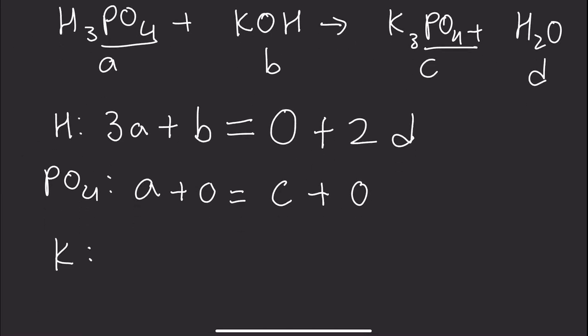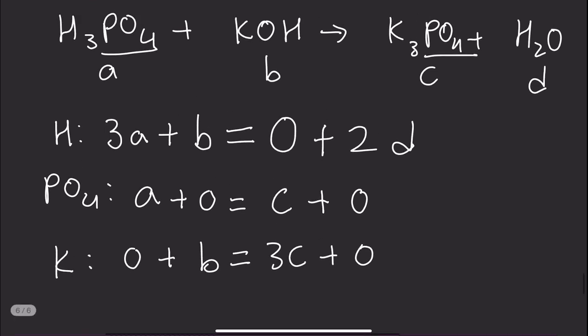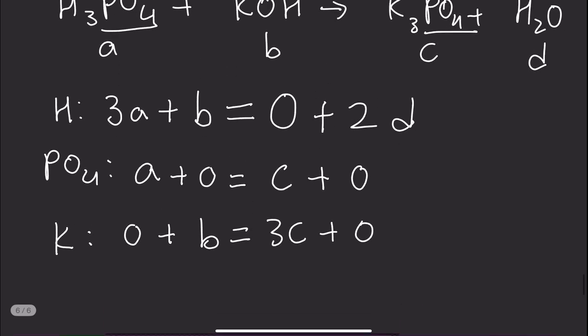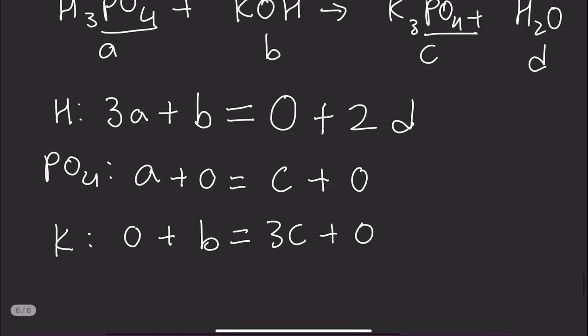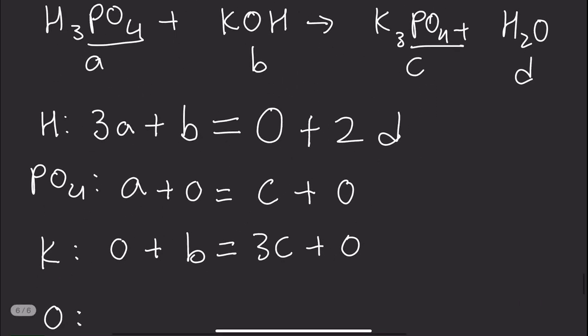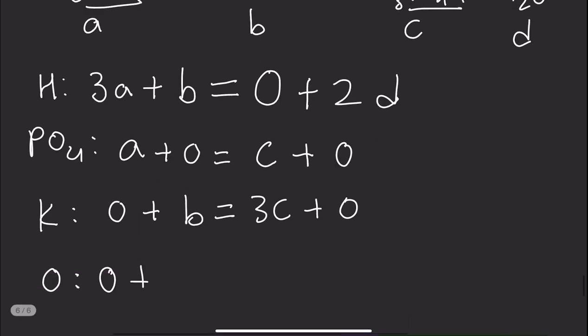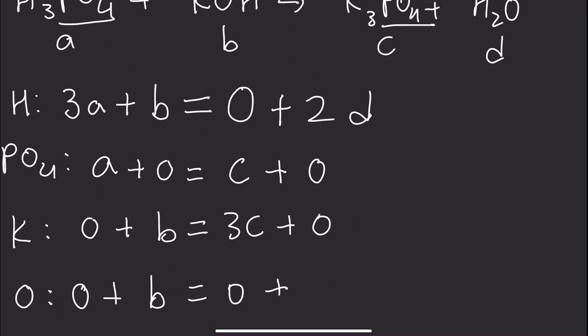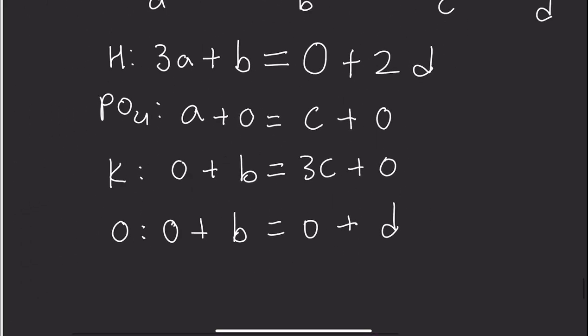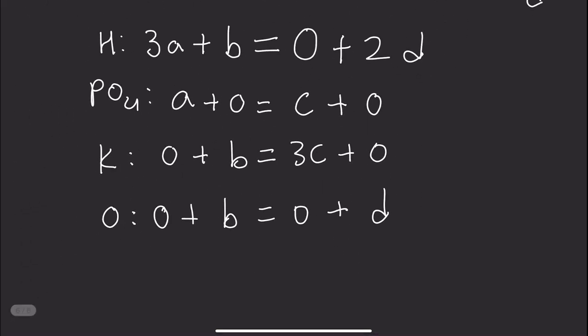Look at K, 0 plus B equals 2, 3C plus 0. Now lastly, we have to look at the O. O is 0 plus 1B equals 2, 0 plus D. Now we got our equation set up.